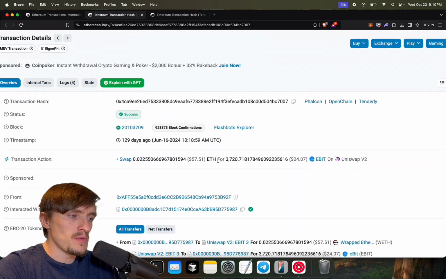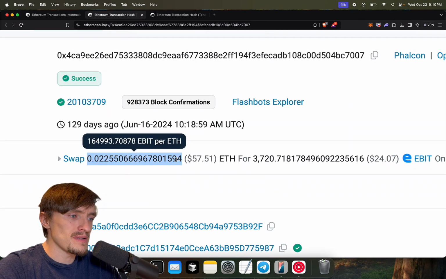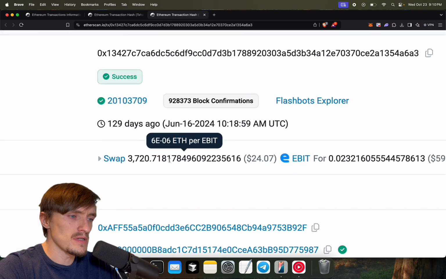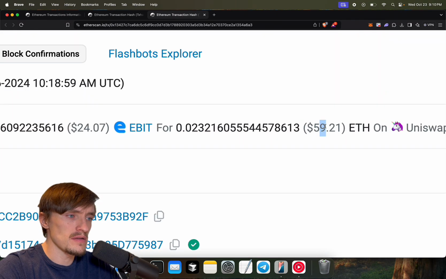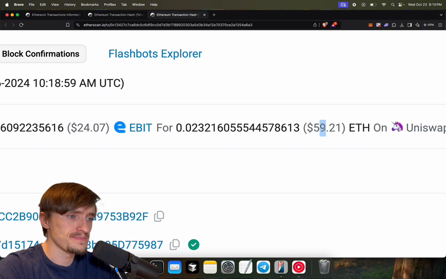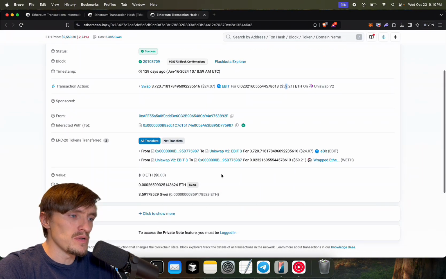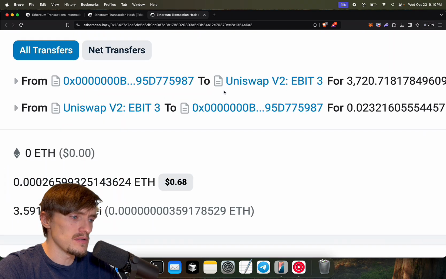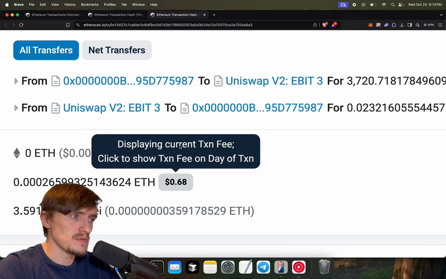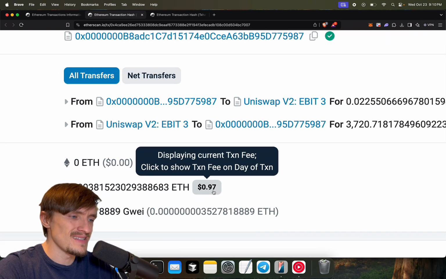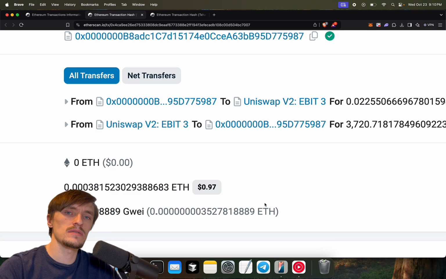So see here, we're spending this much Ether, $57, to buy this random token, and we sold that token then for $59. So we got almost a $2 profit. But when you take into consideration the fees, they are 0.68 and 0.97, so it almost takes the entire profit.